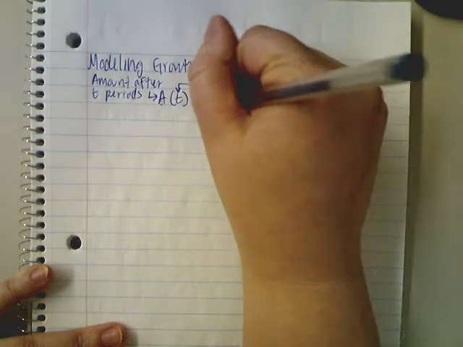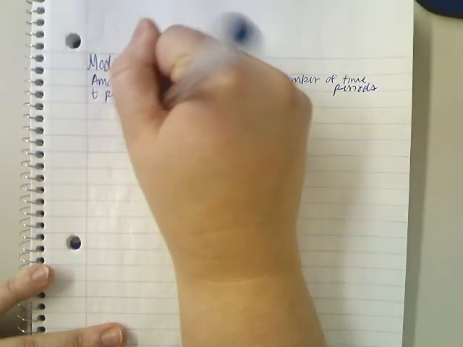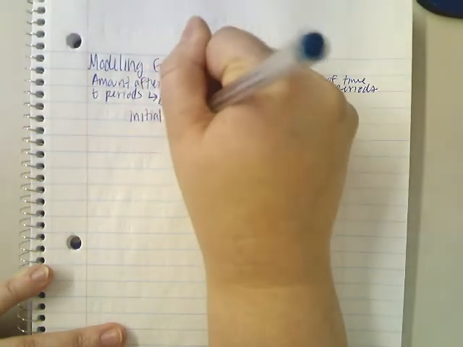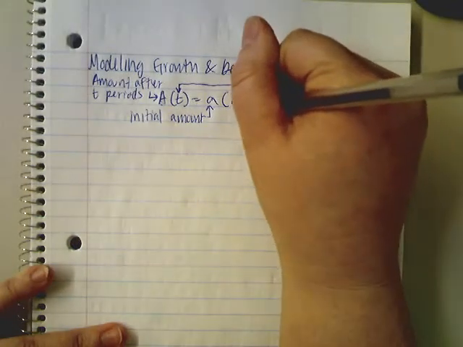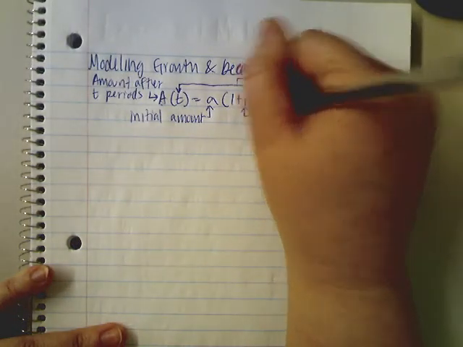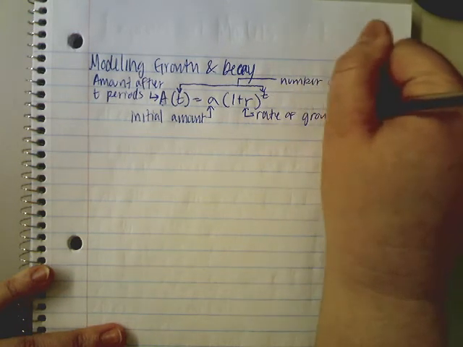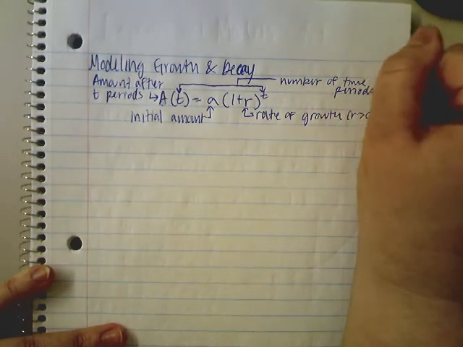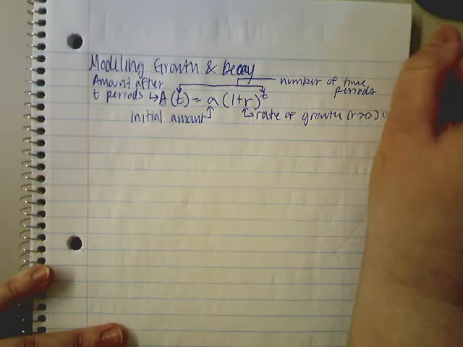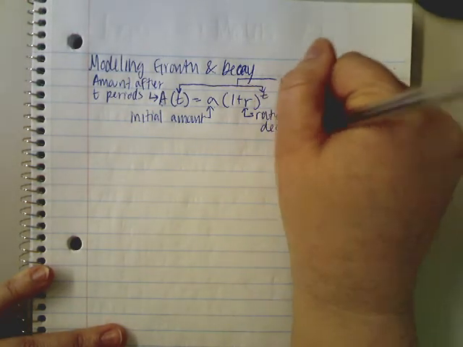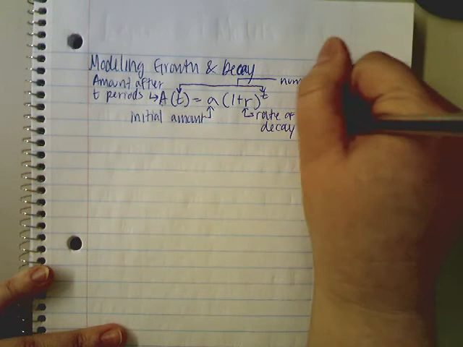Lowercase a is our initial amount, and r is our rate of growth or decay. It's going to be growth if r is greater than 0, or decay if r is less than 0.